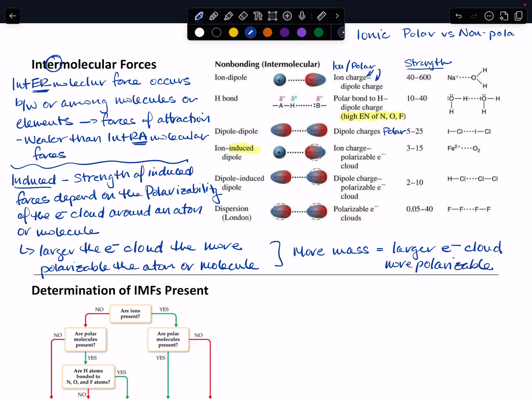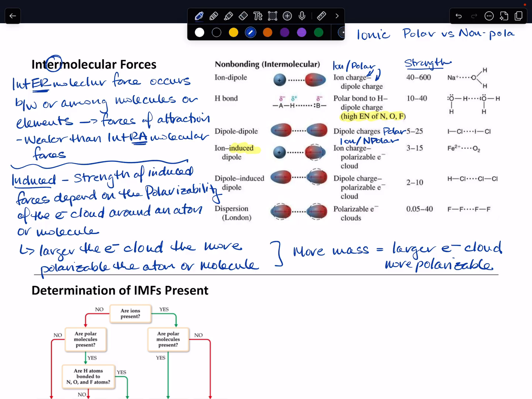But let's go back to our ion induced dipole. For an ion induced dipole, you have an ion and you have some sort of non-polar molecule. When that ion gets close to that non-polar molecule, if it's a positive ion, it's going to cause the negative charge density, that cloud around your molecule, to shift towards that positive ion because of the attraction.